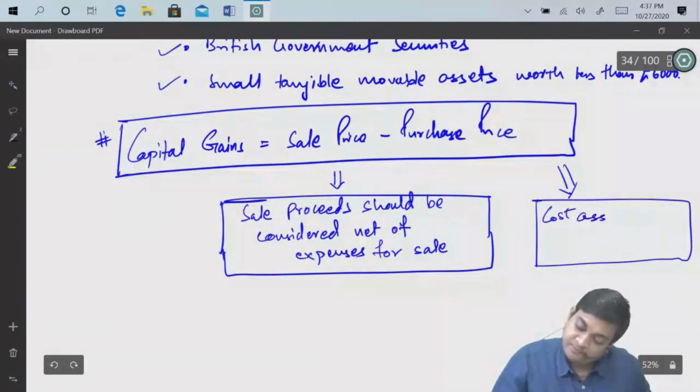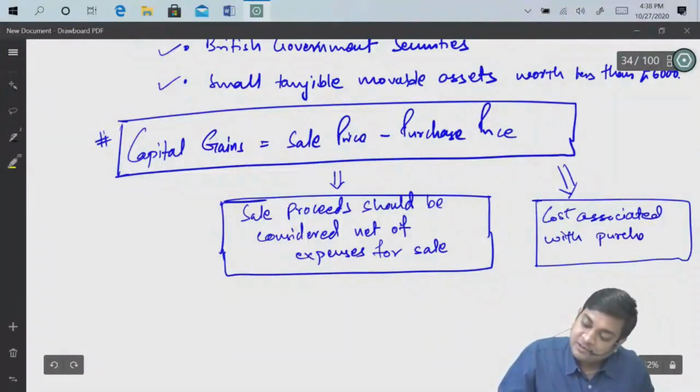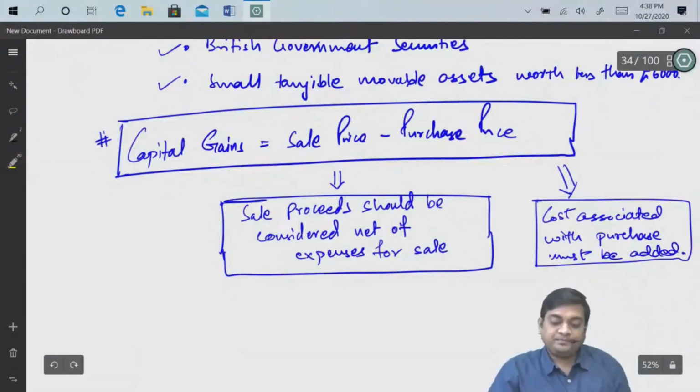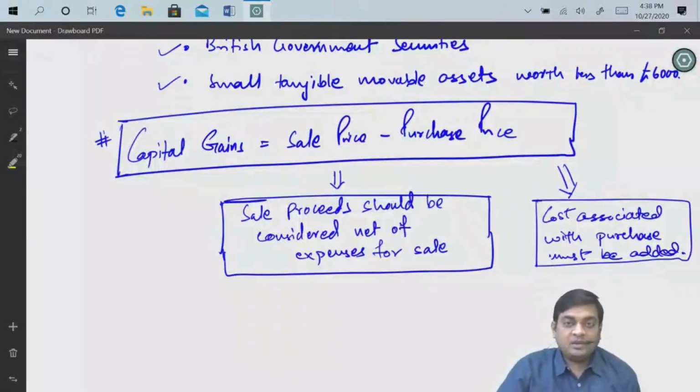Cost associated with purchase must be added, right? Basically, commission paid at the time of purchase will be added, and commission paid at the time of sale will be subtracted from the sale proceeds.